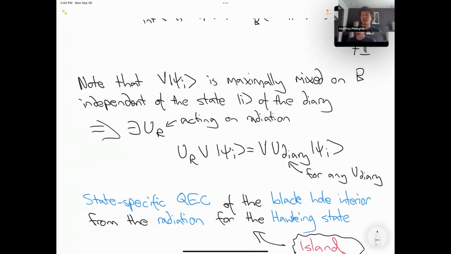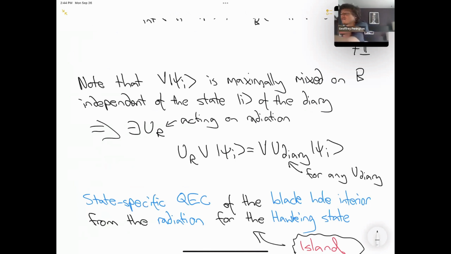Well, if I have any two states that are maximally mixed on big B, then there must be some operator, some unitary operator U_R acting on the radiation that maps one into the other. This is just the statement that any two purifications of the same density matrix are related by a unitary. A standard statement in quantum information.